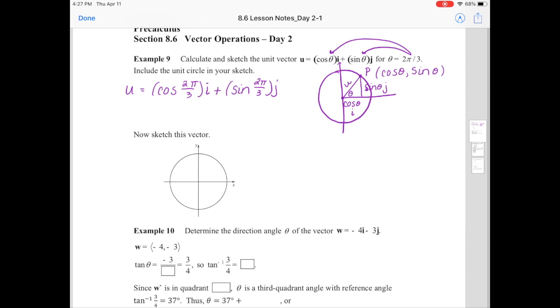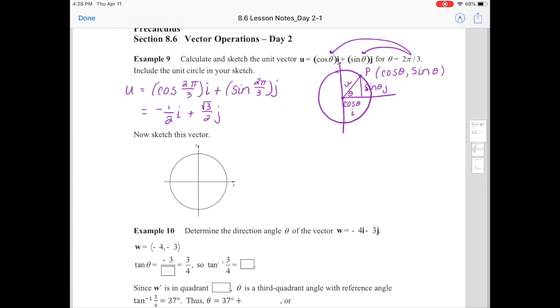Looking at our unit circle, I can identify that cosine of 2/3 pi is equal to negative half i, and sine of 2/3 pi is the square root of 3 over 2 j.